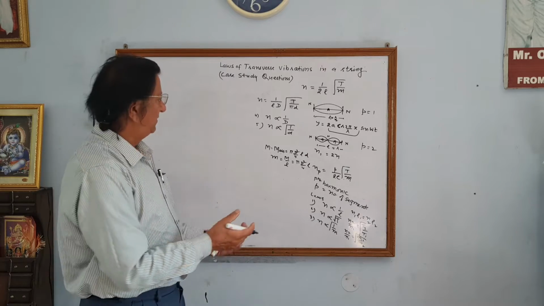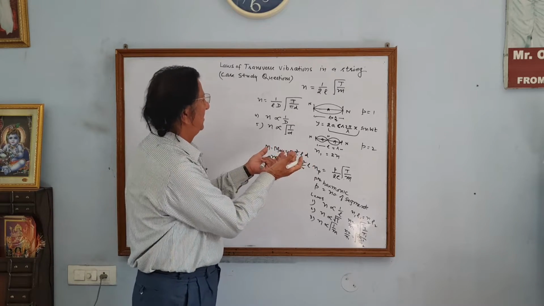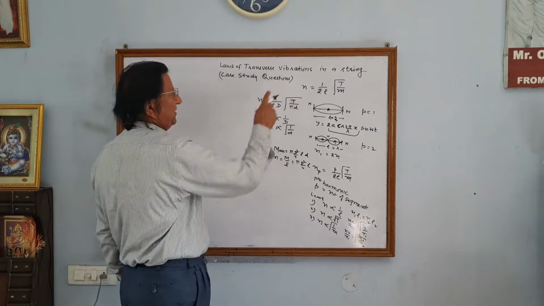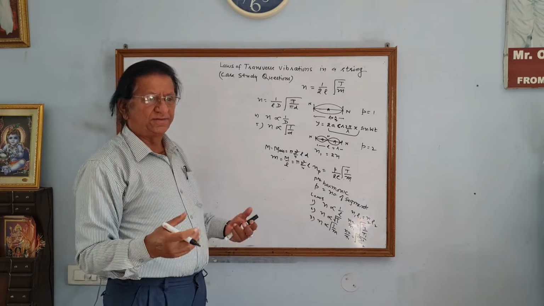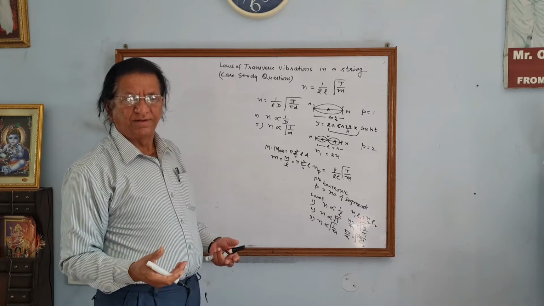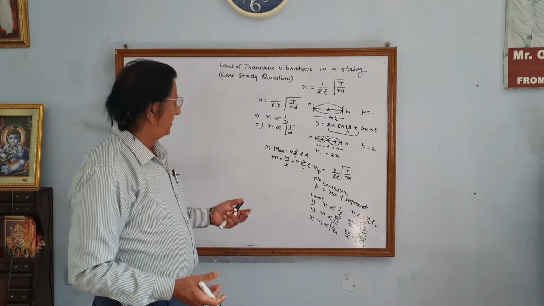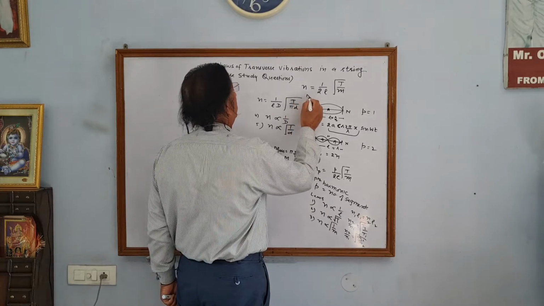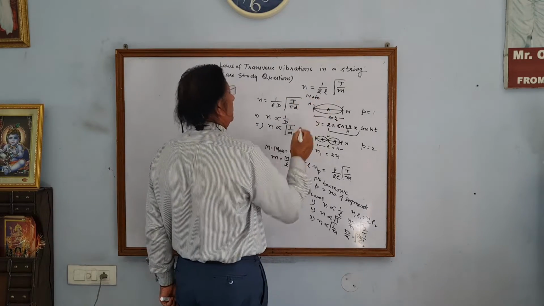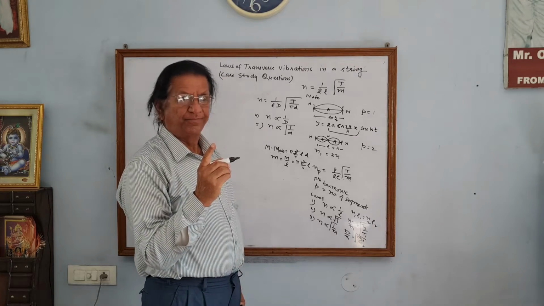Okay, so I have given you this case. The case is regarding transverse vibration in a string and the laws of transverse vibration in a string. I told you the fundamental frequency is called a note. This is the first harmonic.